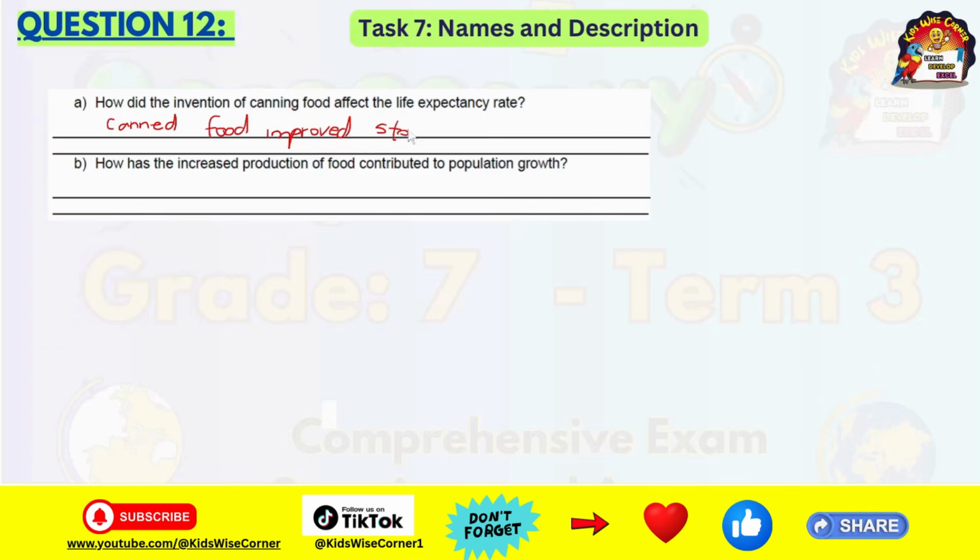Canned food improved storage, and it reduced hunger and diseases. And when you reduce hunger and diseases, it causes a higher life expectancy.